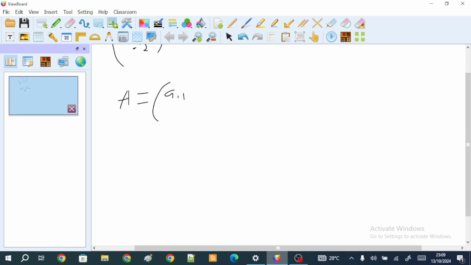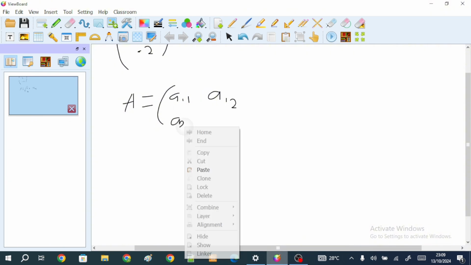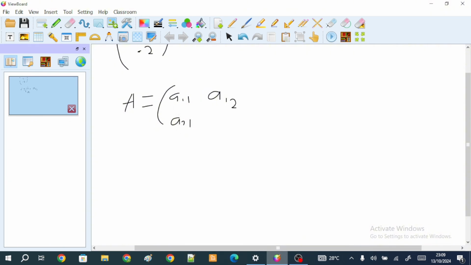This matrix, we're going to represent it by small letters with subscripts: A11, A12, A21, A22. This subscript represents the row and the column that the element belongs to.